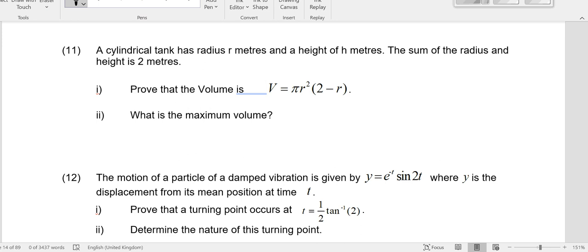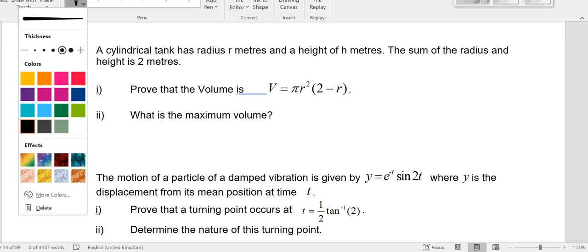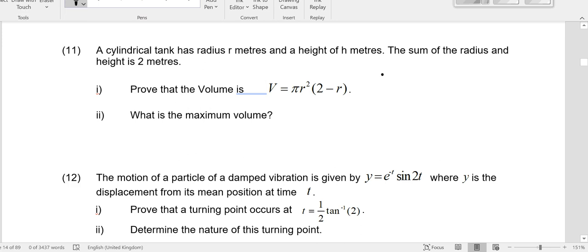a bit of information, and that information is the volume of a cylinder. Now, volume of a cylinder is pi r squared h. And you need to know the basic volume rules.